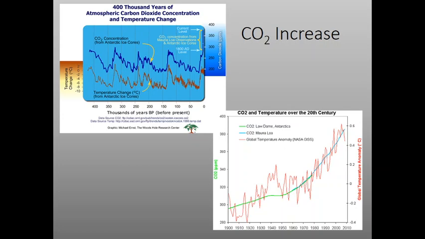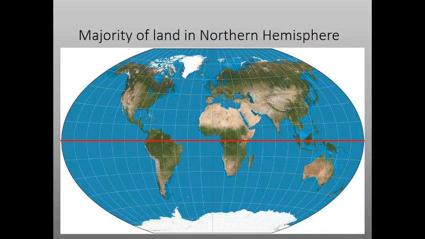So I want to spend some time thinking about how carbon dioxide actually fluctuates on the planet. This starts with looking at the map. What I want to say is that the majority of land is in the northern hemisphere, and that might not seem super apparent right now, but look on this map at the size of the United States, okay?